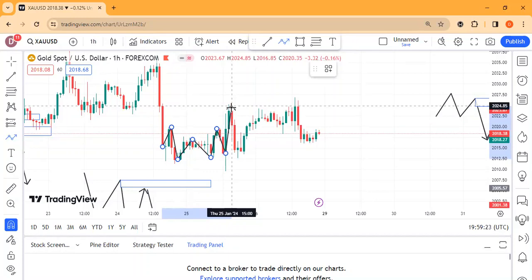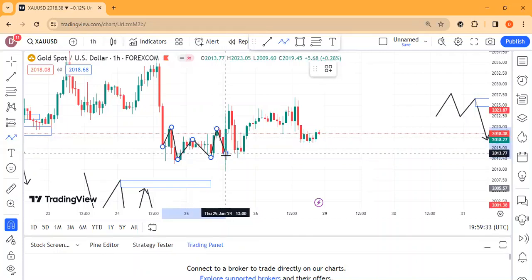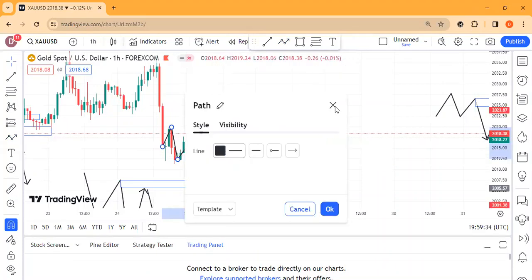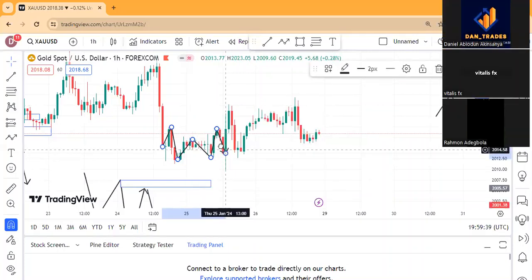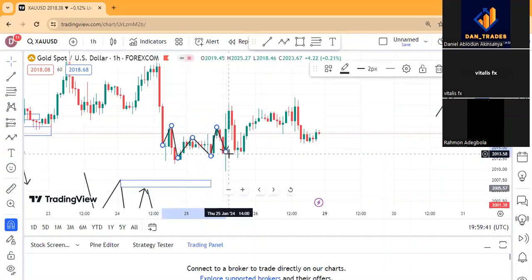Once there's a break of structure, what do you want to do? You want to mark your zone here. So let me do that.